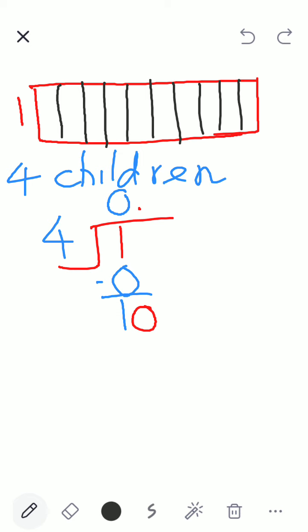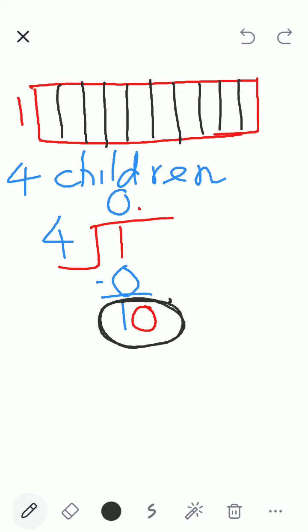How many pieces now, Salma? 10 pieces. So I have divided into 10 pieces. Can you see? Yes. Very good.